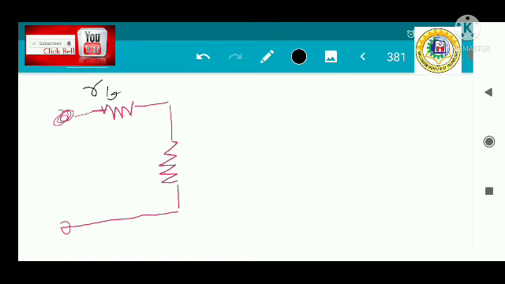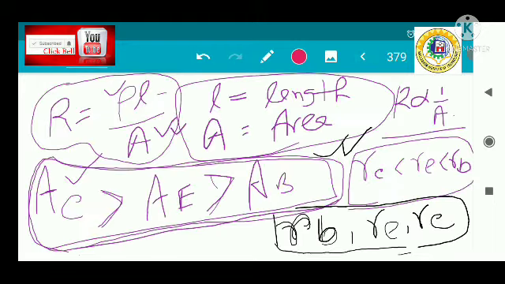This terminal you can mark as B prime, not necessarily required, but you can mark it. This is your collector, and this is B prime, the middle of this transistor.